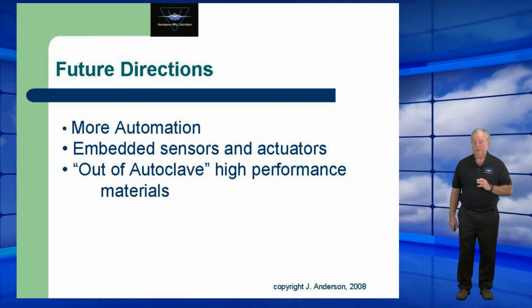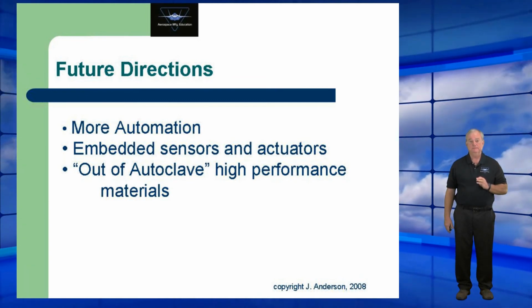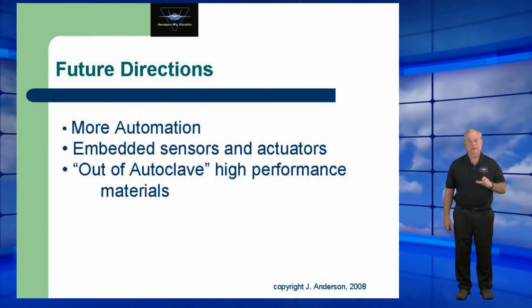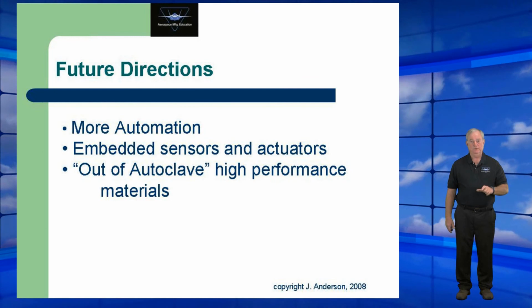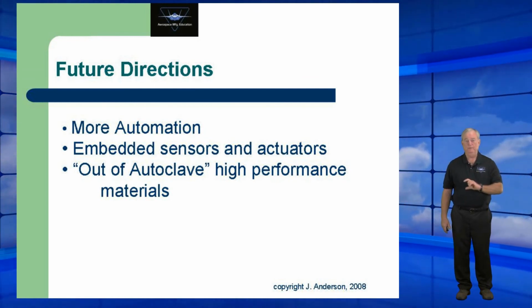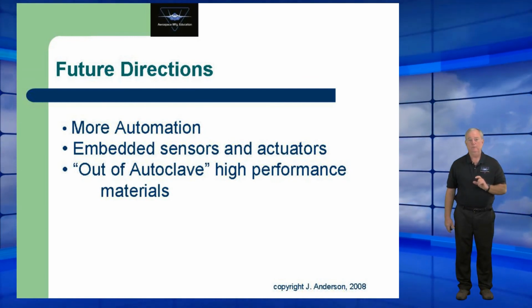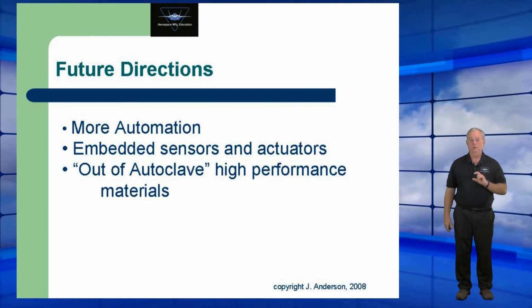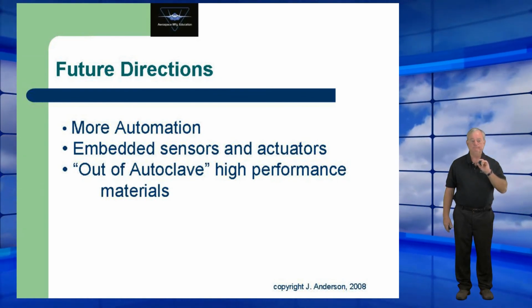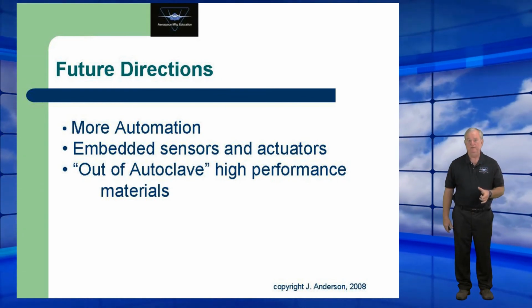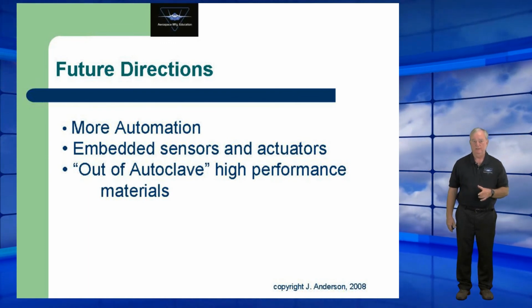Embedded sensors and actuators. In the aircraft industry particularly, and also in the automotive industry, you're seeing more sensors or telltales embedded into the composites. What do I mean by that?